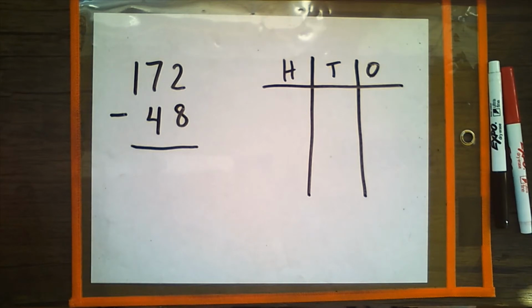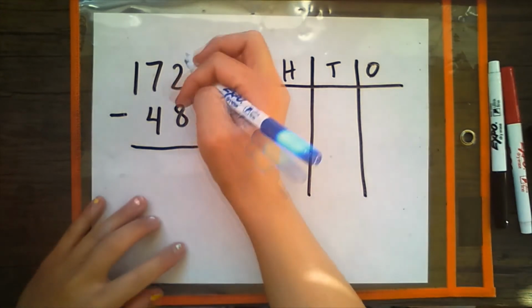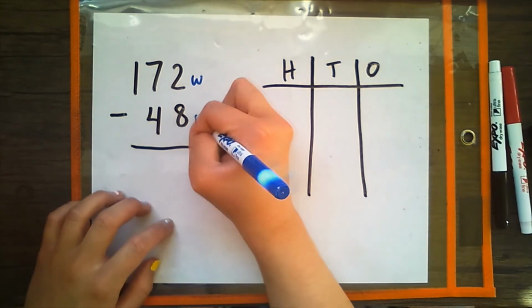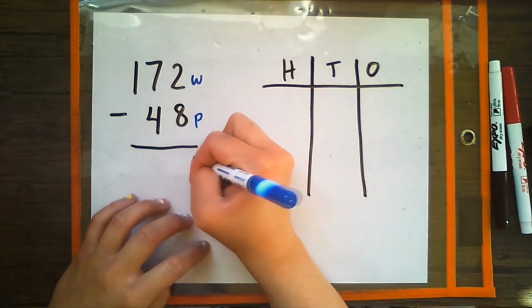Get ready to subtract. For now, we're going to draw the chip model first. And remember, when we draw our chip model in subtraction, we only draw our whole because we are taking away the part in order to find the missing part.